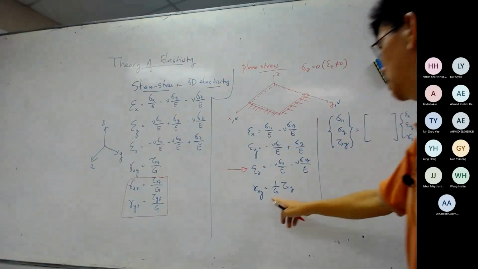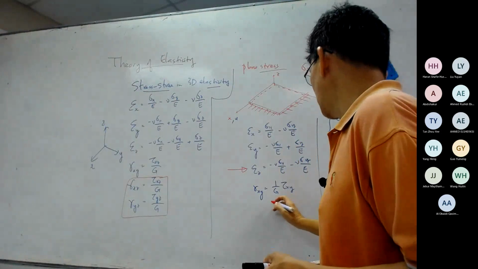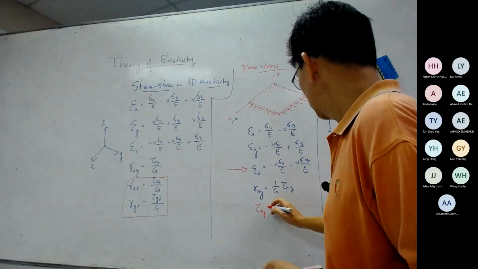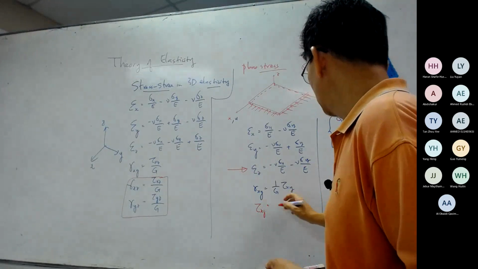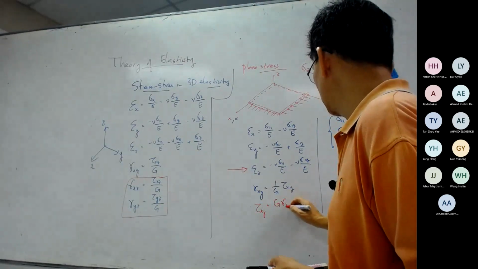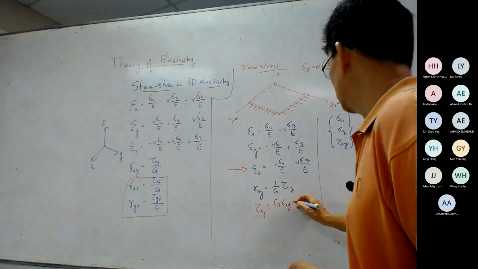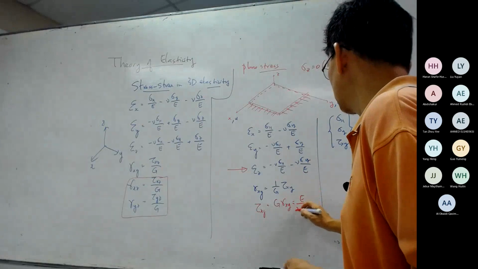This tau xy is straightforward because tau xy can be written as G gamma xy, and G has this relation.